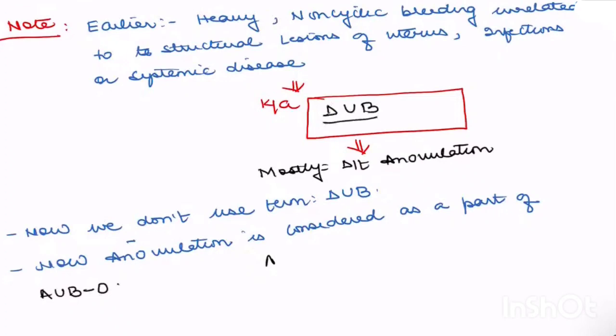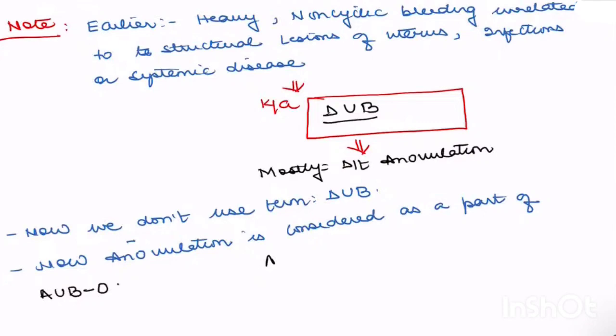DUB का मतलब था any bleeding which is not happening due to polyp, infection, or any systemic disease. And ये जो DUB होता था, it was mostly due to anovulation. So now we don't use the term DUB क्योंकि anovulation is covered in AUBO. Right? So anovulation is considered as a part of AUBO.